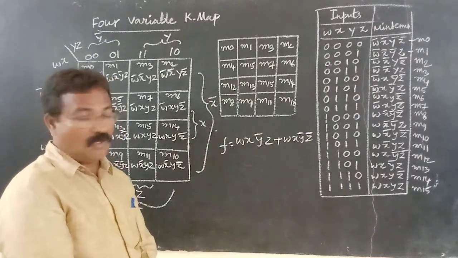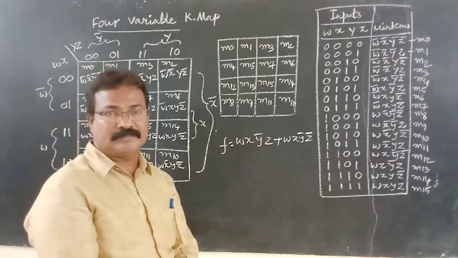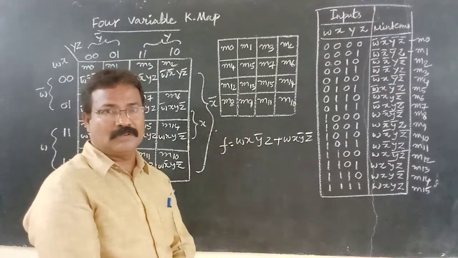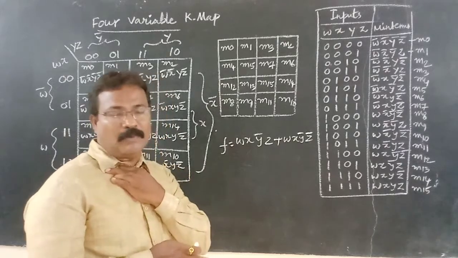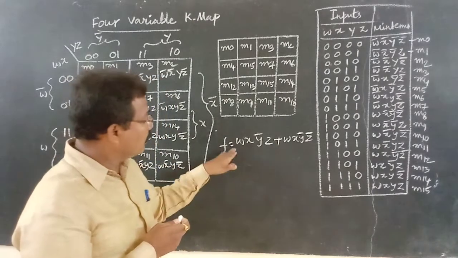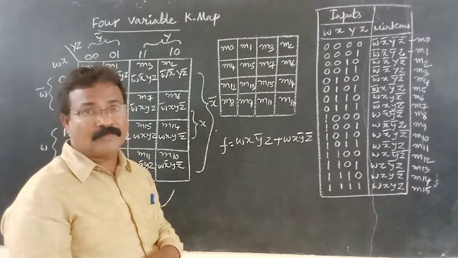How can we represent this Boolean expression in the K-map? K-map is the pictorial representation of a truth table or expression. This expression can be represented by using this K-map.